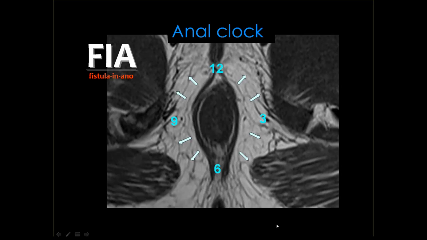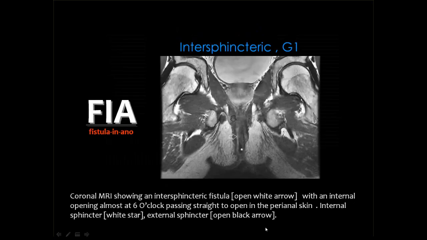This is the anal clock, where you imagine that the anal area is similar to a clock. And if the fistula's opening is here, you mention it at 3 o'clock, here at 4 o'clock, and so on. Then we start first by the intersphincteric simple fistula tract, which is classified as grade 1.